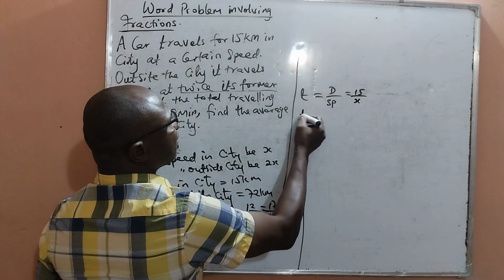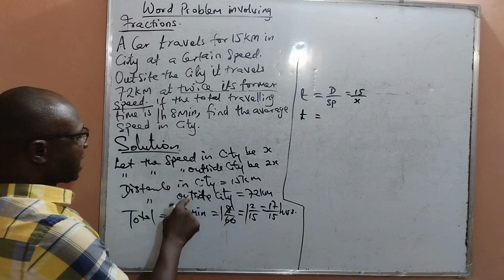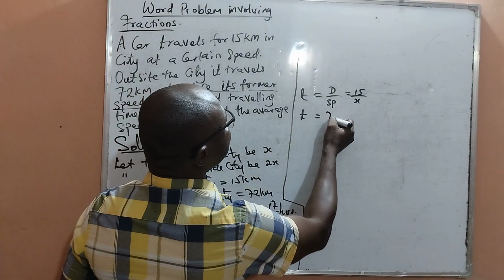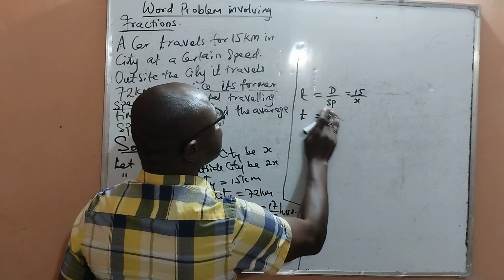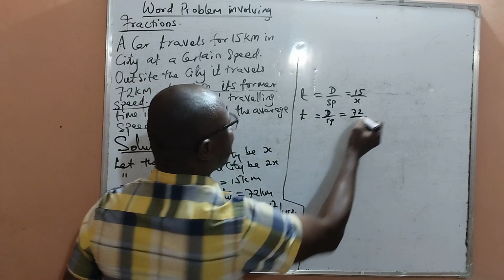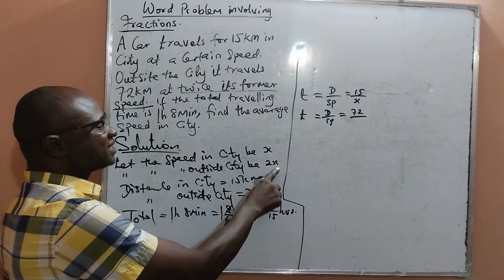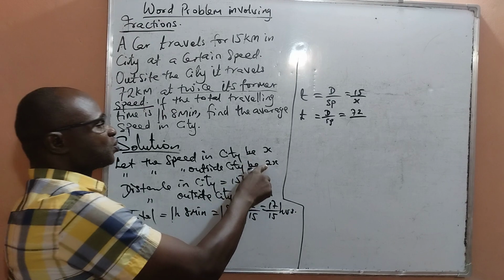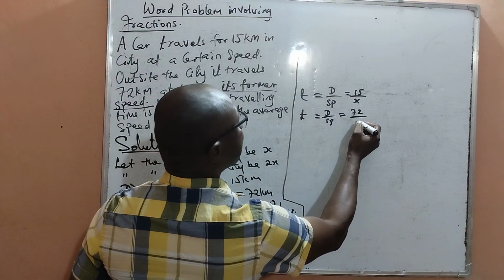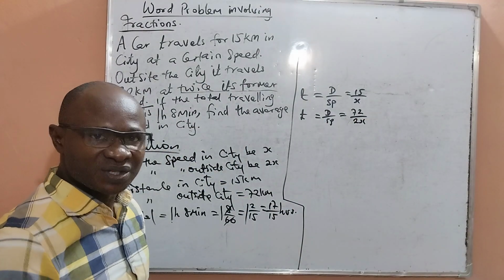Also, the time for traveling outside the city. The distance outside the city is given to us as 72 kilometers. So the time for traveling is also distance all over speed, which is 72 divided by the speed. Remember, the speed is twice the former speed, which is now 72 all over 2x. That is the time for traveling outside the city.